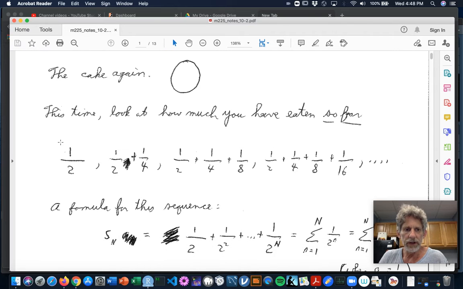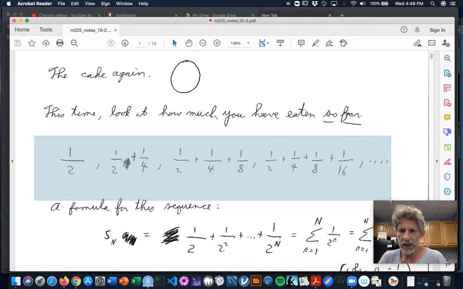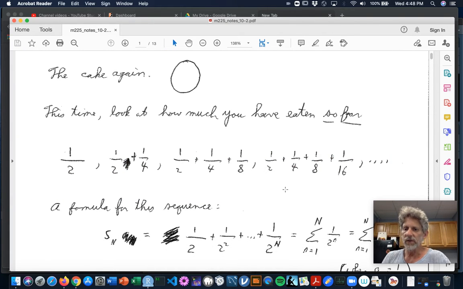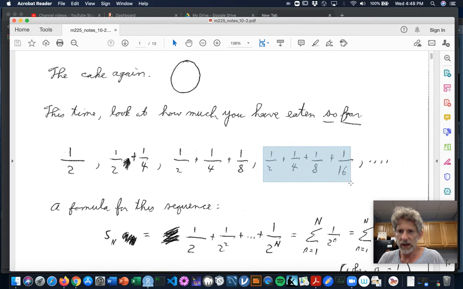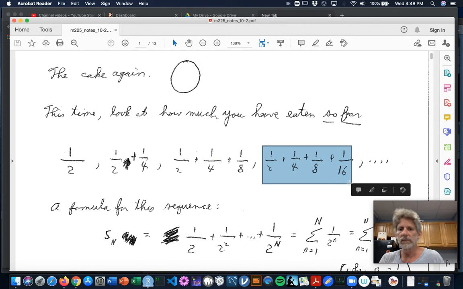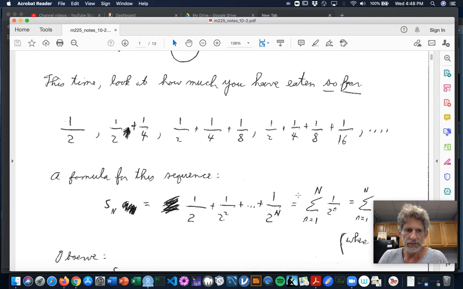So it's another infinite sequence, okay? It's a sequence of what we call partial sums. You see, we are summing the members of the original sequence, but stopping at a certain point. It's just that every time we stop a little bit later. Partial sums.